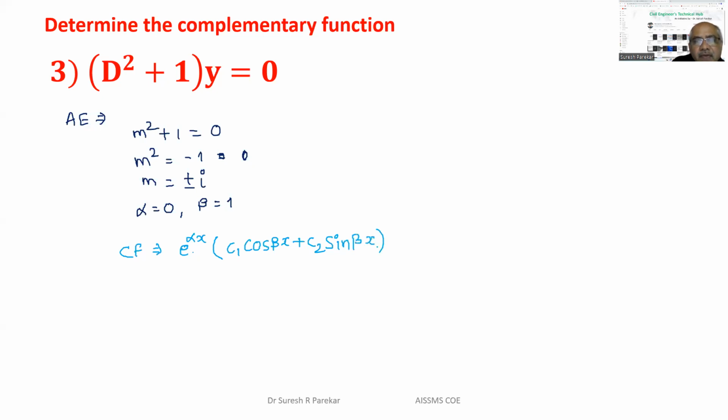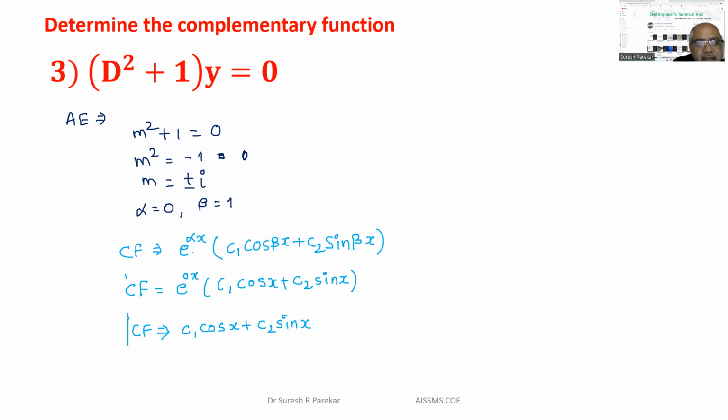Now the value of alpha is 0 and therefore we will get the complementary function e to the power 0x into (value of beta is 1) C1 cos x, beta is again 1, C2 sin x. And then e to the power 0 we will get as 1, and therefore the complementary function is C1 cos x plus C2 sin x.